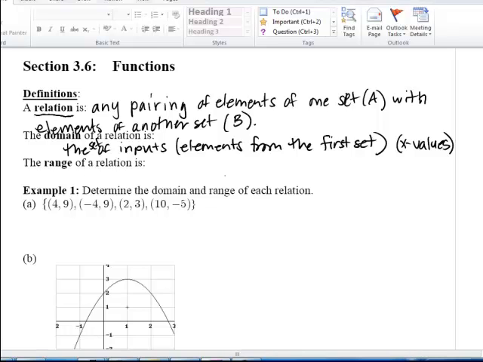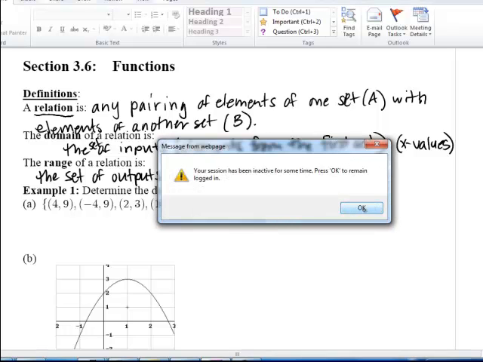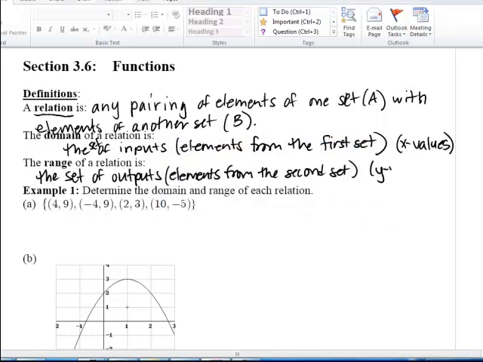And then the range is the set of outputs, or elements from the second set. And oftentimes these are the y values if we're talking about pairing x's and y's.